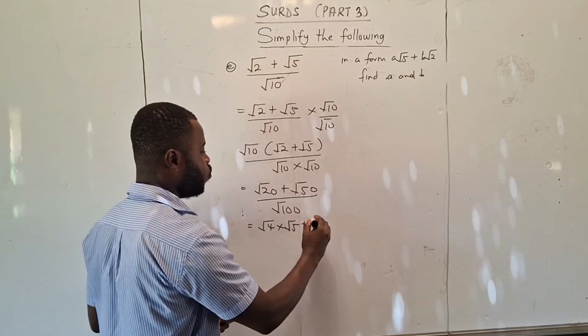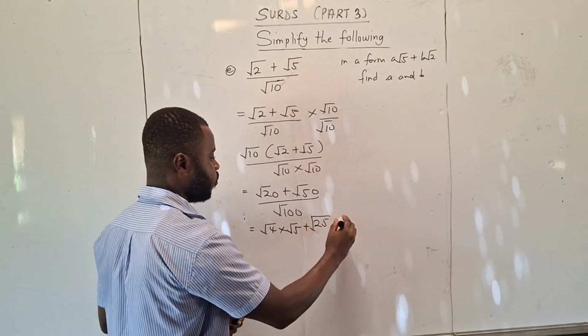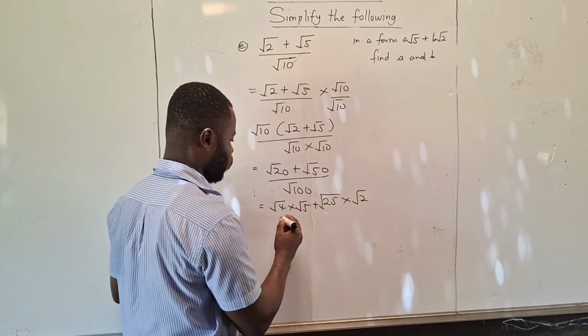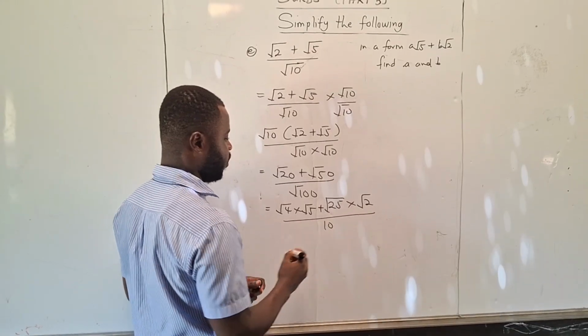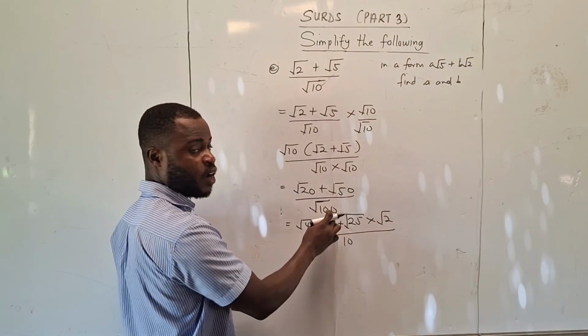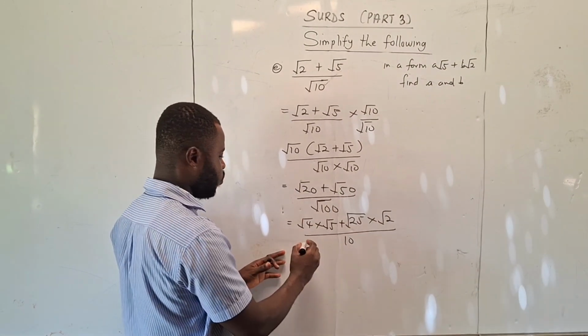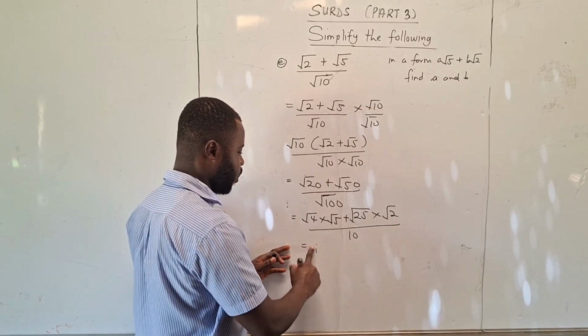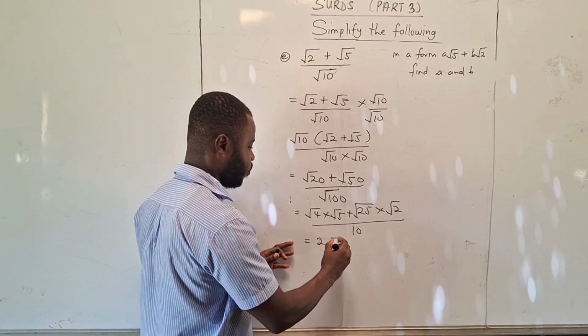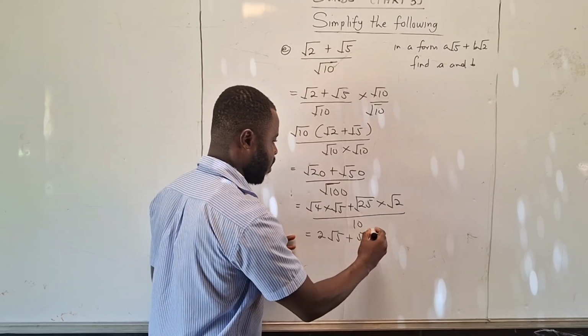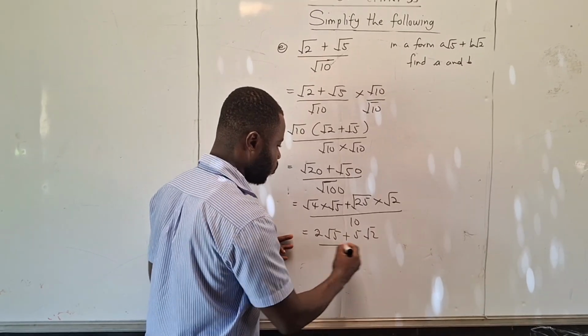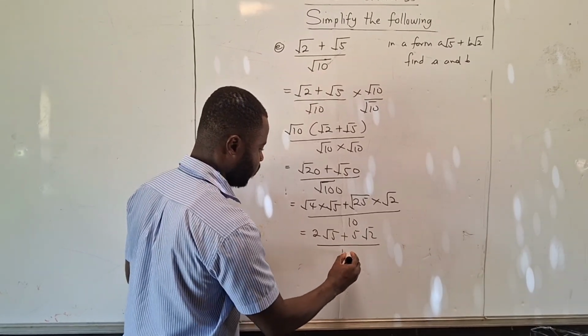Then this one will give us root 25 times root 2 all over 10, because square root of 100 is 10. So now this one will give us 2 root 5 plus 5 root 2 all over 10.